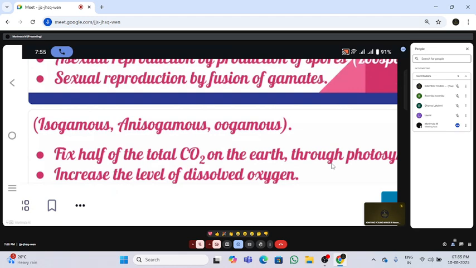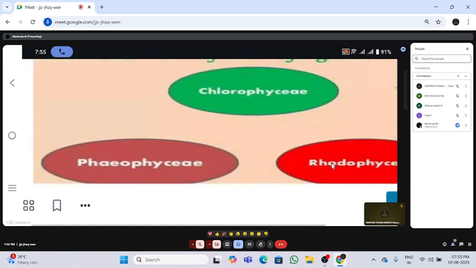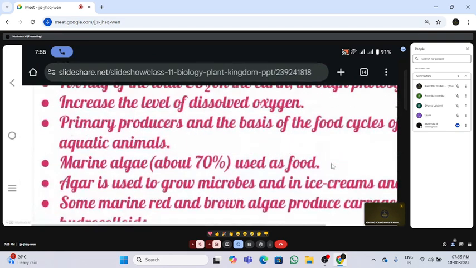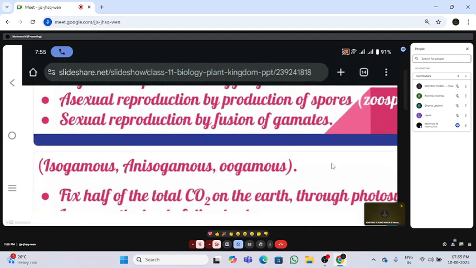Sexual reproduction is based on gamete fusion. It has 3 types: isogamous, anisogamous, oogamous. Already we discussed them, right? Can you tell me what is isogamous? Fusion of gametes, I told. This topic was already discussed in the previous topic.